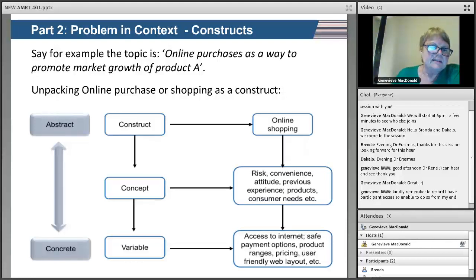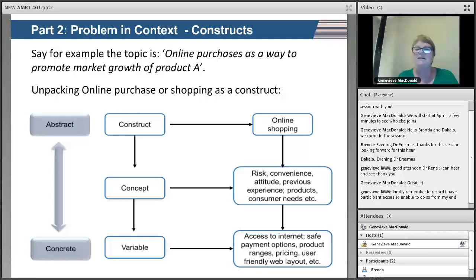Now, on the other side of a construct, we get the variable. As we said, there's a lot of variables that go into online shopping. It's an abstract idea, online shopping. What components make up online shopping? So it may be stuff like access to internet, safe payment options, product ranges, pricing, user-friendly web.